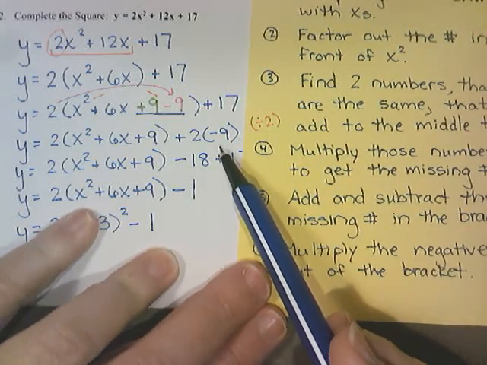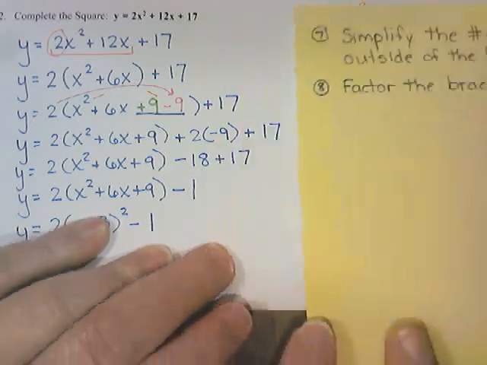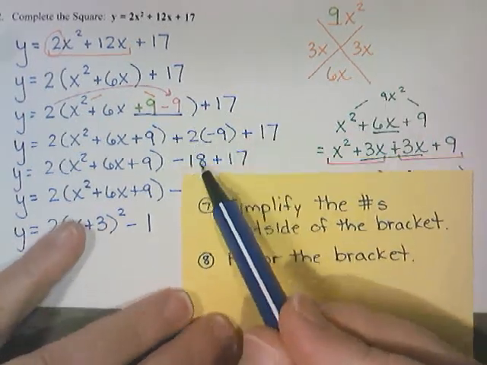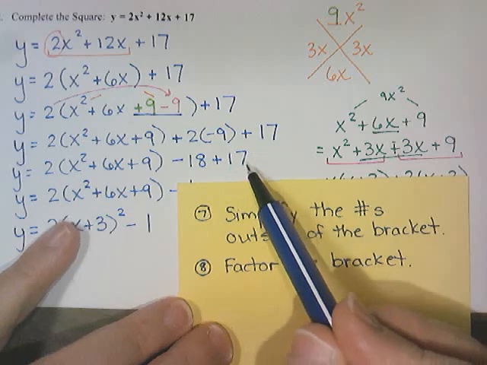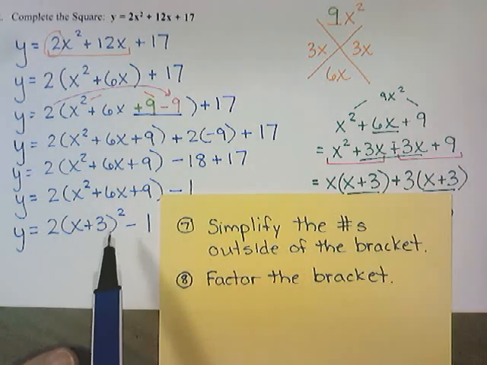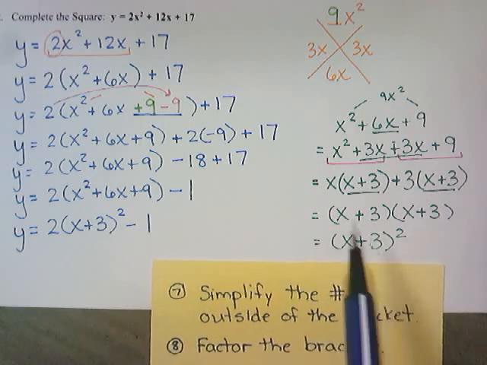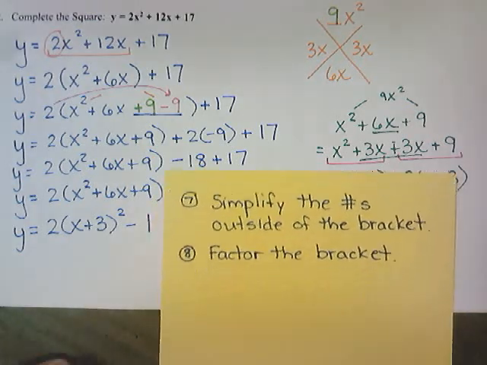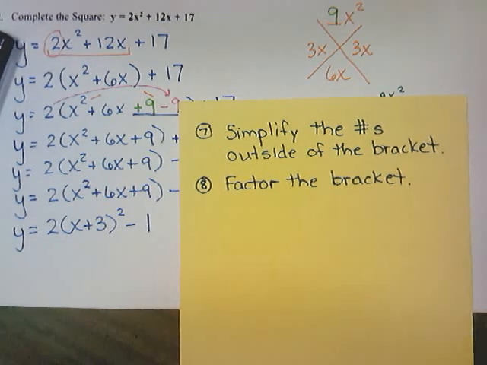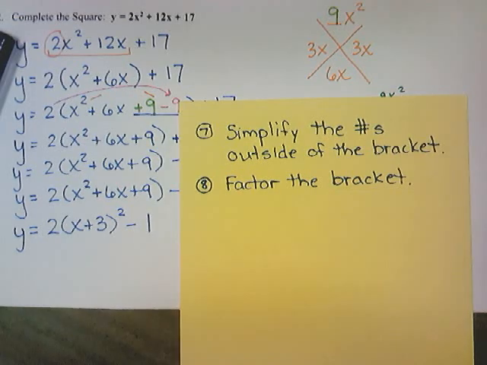So that doesn't need to be there anymore. And then simplify the numbers outside of the bracket. So I did 2 times -9 to get -18. I added 17 to get -1. And then our last step was to factor the bracket, which I did over here. And then we ended up with our final vertex form. Okay, next video, we're actually going to try to follow those steps and do another question on our own.